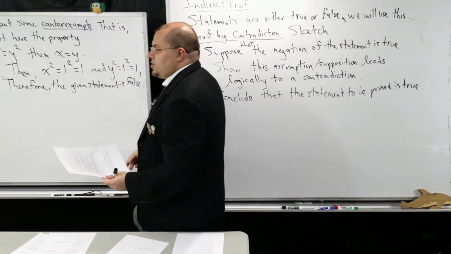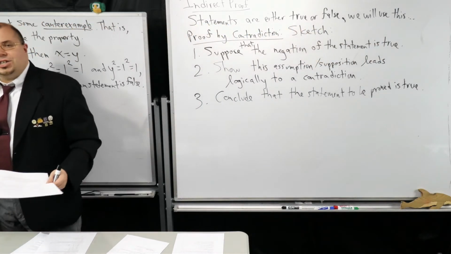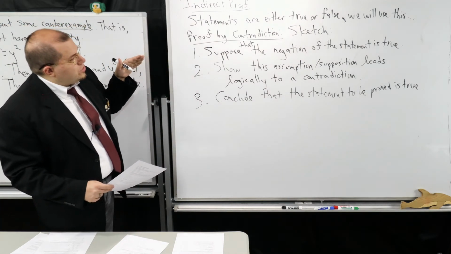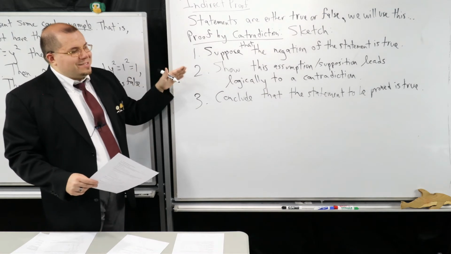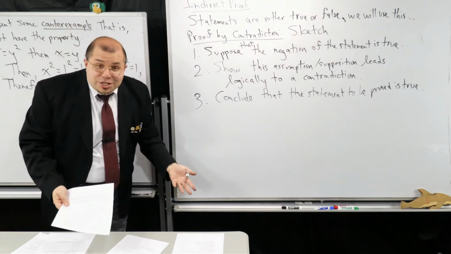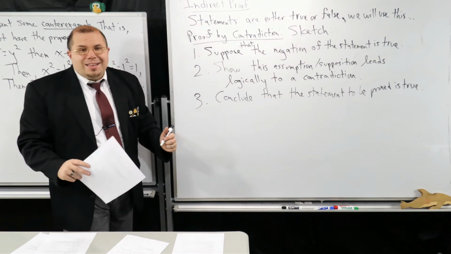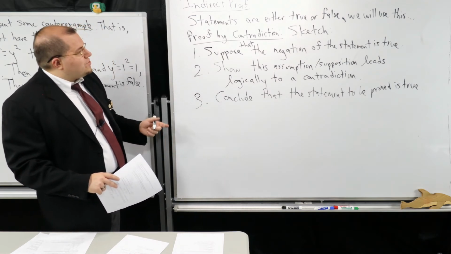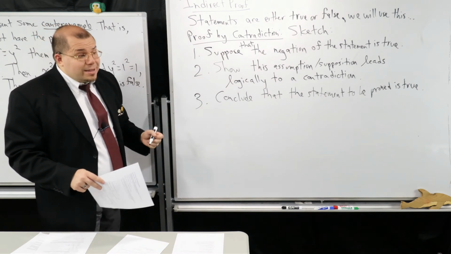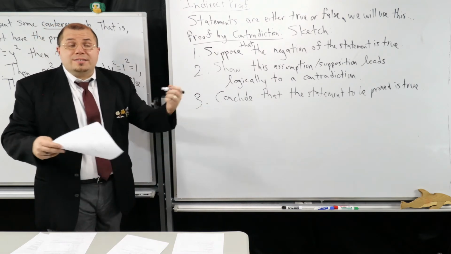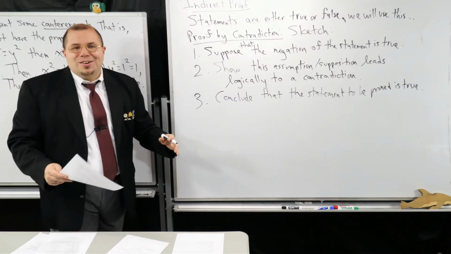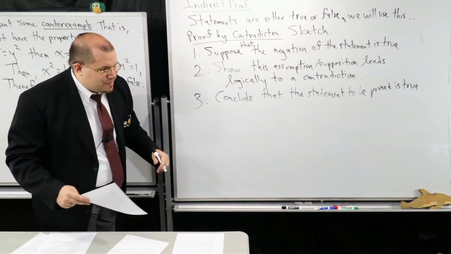So the whole idea is you start off by assuming the negation of the statement you want to prove. Then you follow the line of reasoning from that. You're usually going to invoke definitions or a property that you might want to use based on the assumption of the negation. And by doing that, you're going to try to construct something that makes absolutely no sense or something that could never happen.